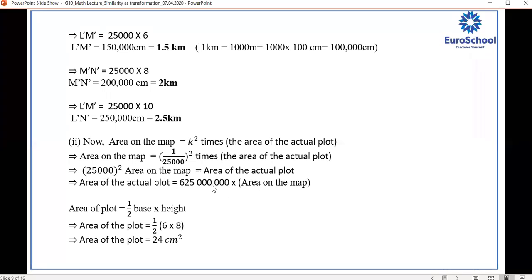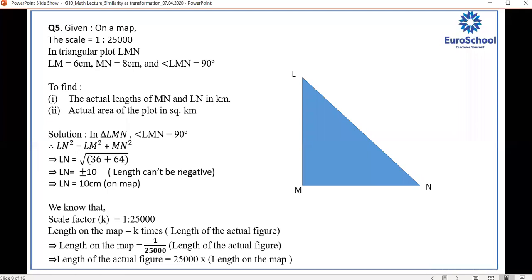Ma'am, if I have one more option, we can use the formula half into base into height, but instead of using 6 into 8, we can take half into 1.5 into 2. Because if we don't take 6 and we take 1.5 kilometers... Okay, fine, I got your point.